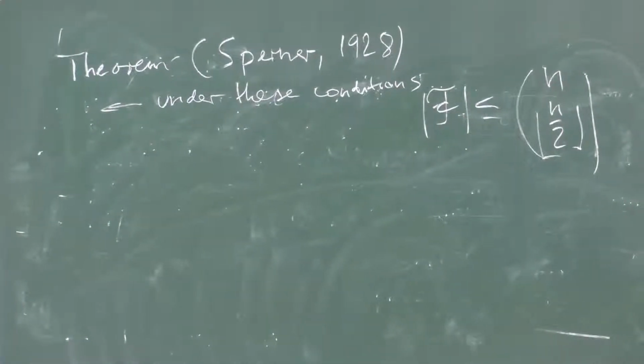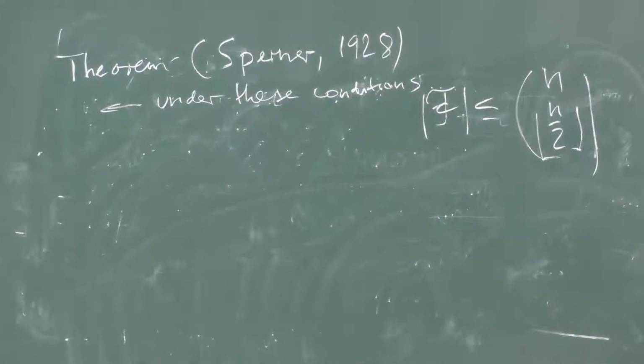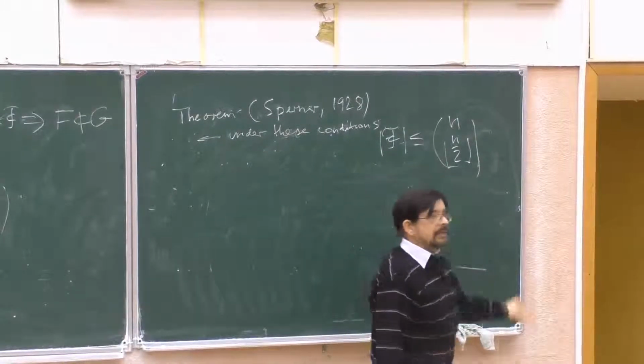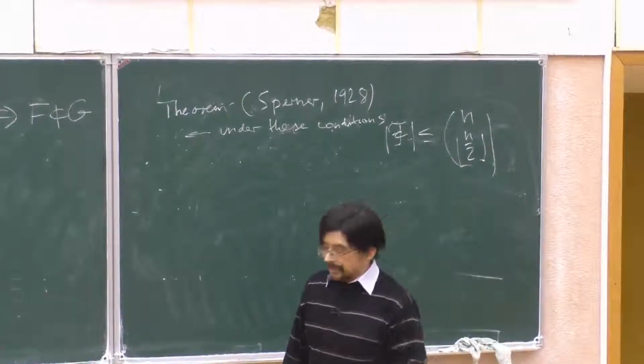Here we showed that it is good. We can have this many, but Sperner claimed that you cannot have more than this.